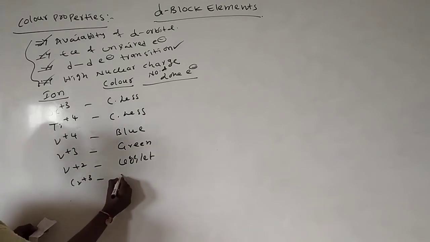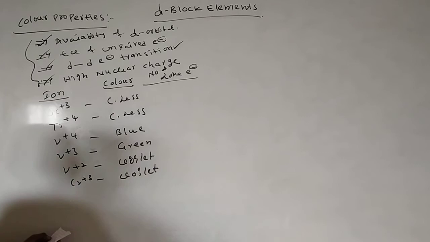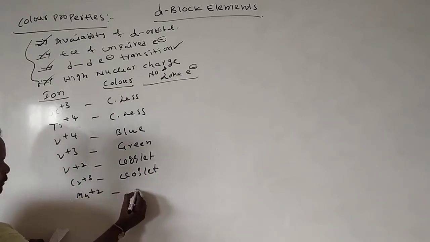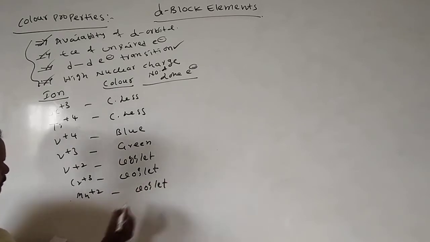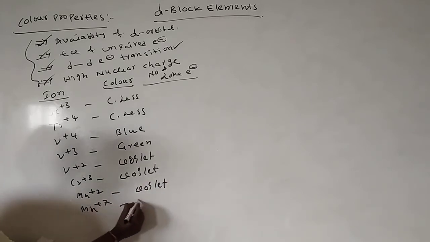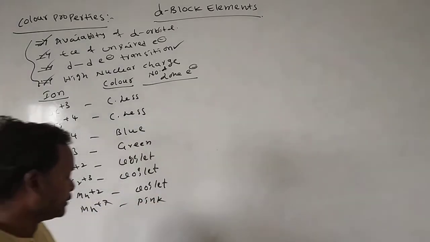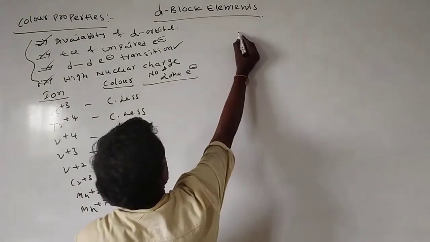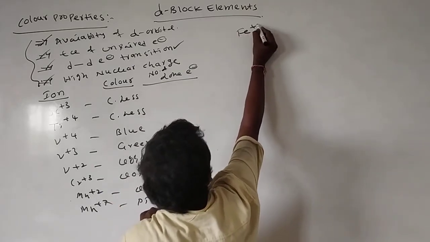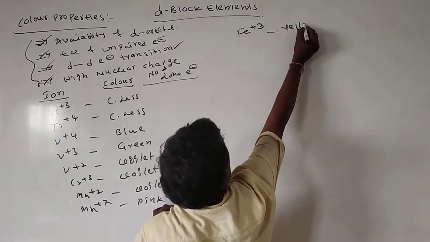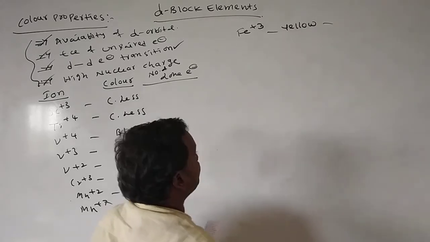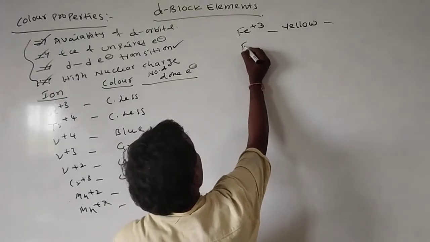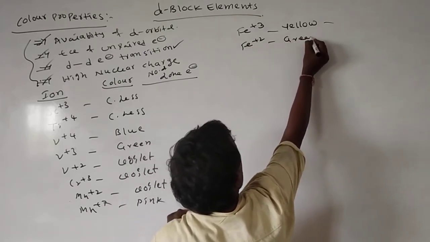Chromium +3, violet color. Manganese +2, violet color. Manganese +7, pink color. Okay, next, in continuation, Fe +3, yellow color. We'll see number of lone electrons. Okay, Fe +2, green color.